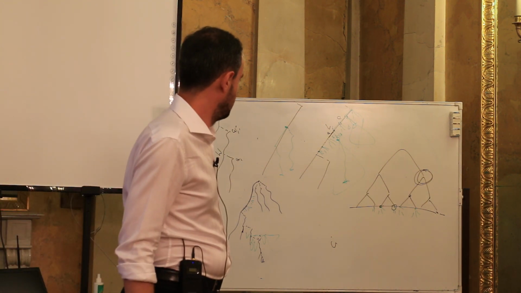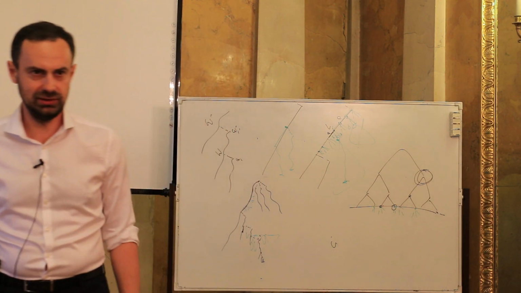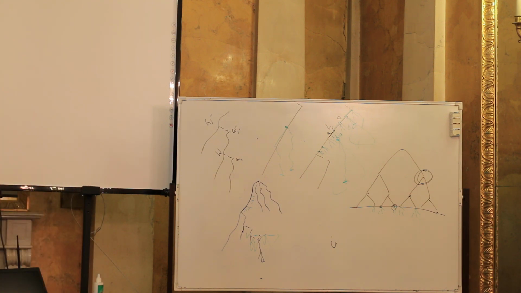Now the open question is, can you do better? No one knows how to do better. So either the data structure, or the nearest closest pair with k as a parameter.